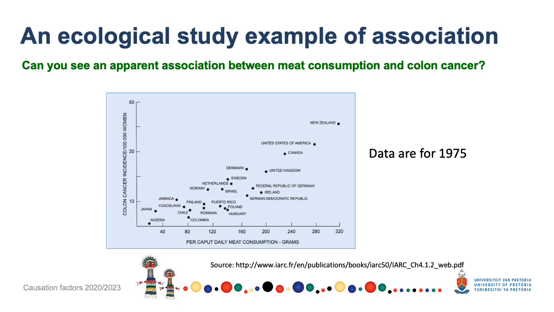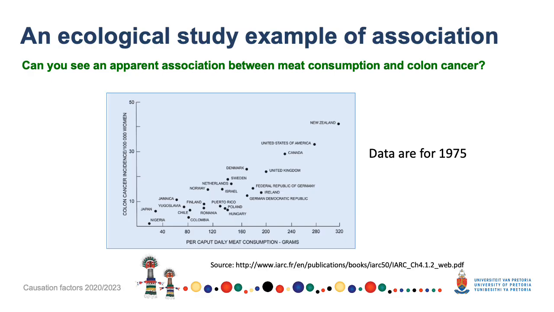Remember, those are studies where the exposure and the outcome are measured at a group and not at an individual level. So here on this graph, you see we've got a number of countries, and it appears that as the per capita or per head daily meat consumption goes up, so the colon cancer incidence rate goes up.